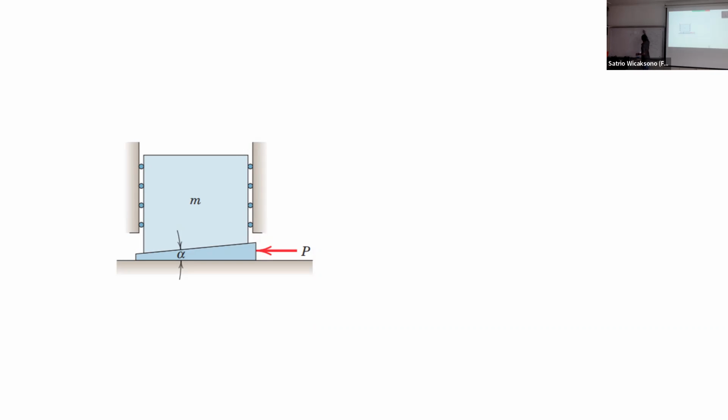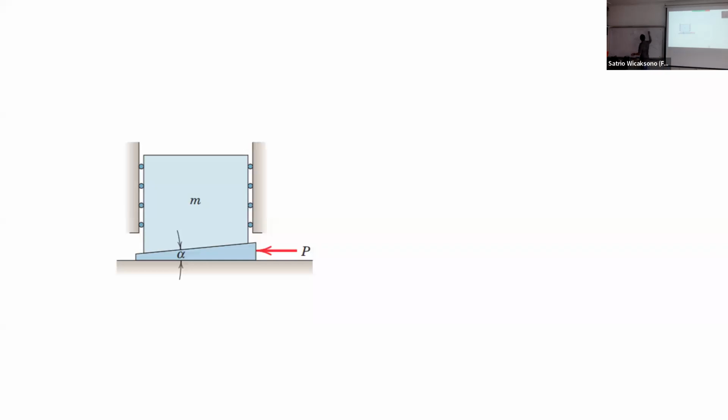Only 2, because we only have sigma Fx equal to 0 and sigma Fy equal to 0. So if we call this the first free body diagram, and this one the second free body diagram, this one is sigma Fx1, sigma Fy1. This one is sigma Fx2, sigma Fy2. Okay?